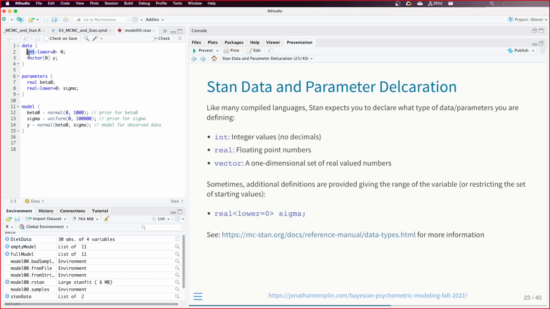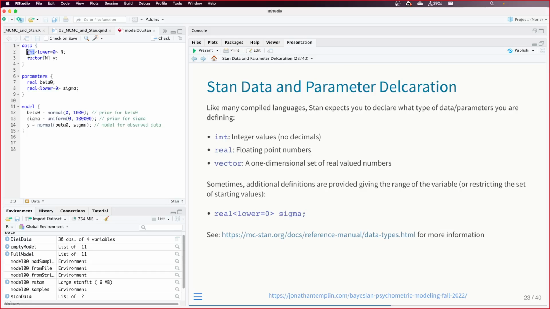I need integer value data to come in. So that's one of the big differences if you have not used a compiled language, again C, C++, Fortran, where you have to define everything and its type of data. This will be a little bit of a difference, but once you get used to it, it's not that bad for what we do.